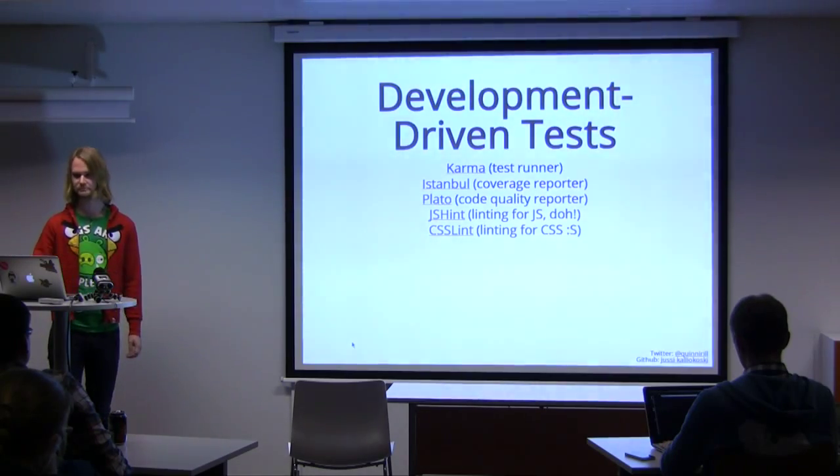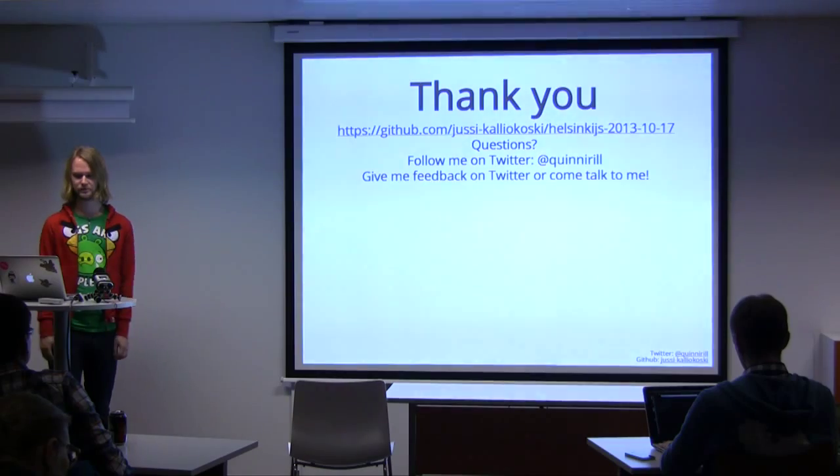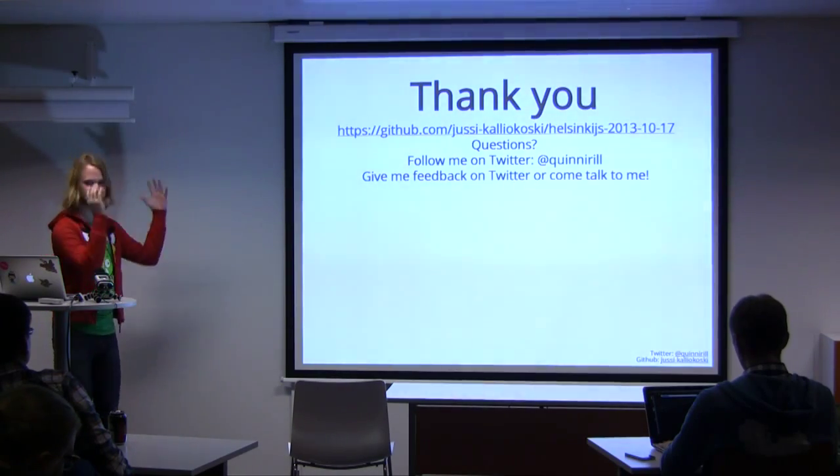Like if you're really stubborn with your usage of ID selectors and want to get rid of them, then have it shout at you for doing your job wrong. Yeah, that's pretty much it. Unless you have anything you'd want me to show. So thank you.